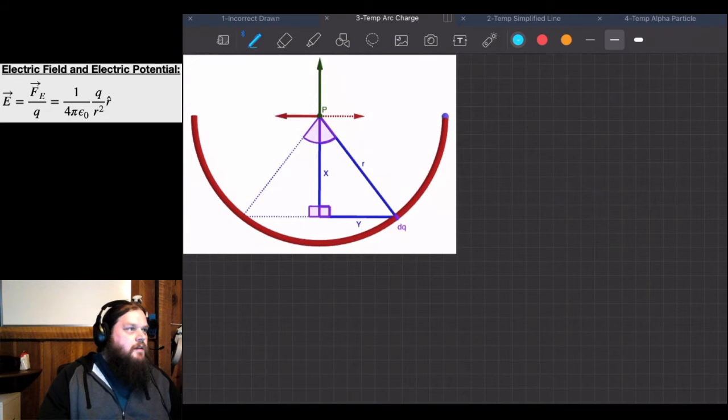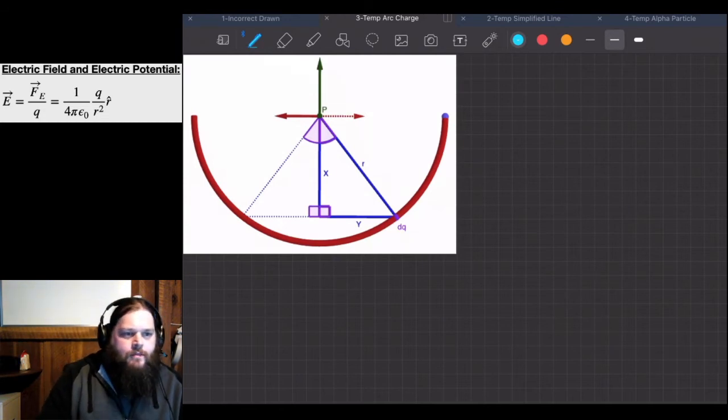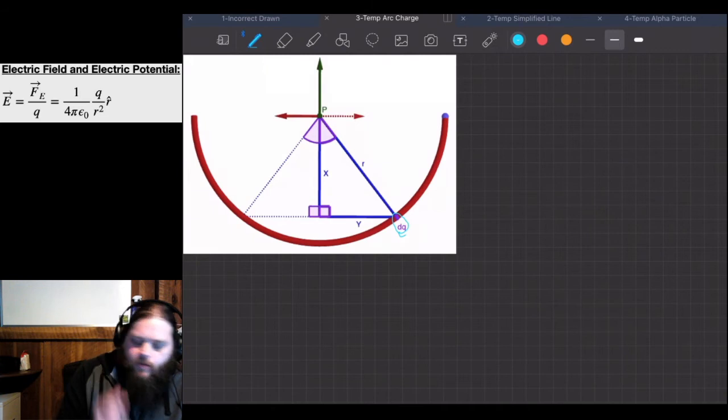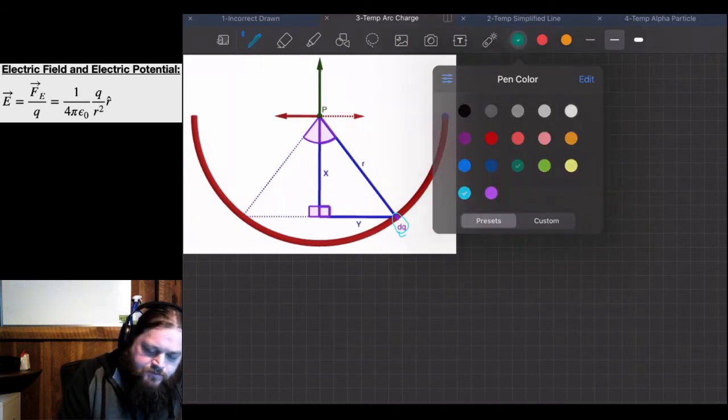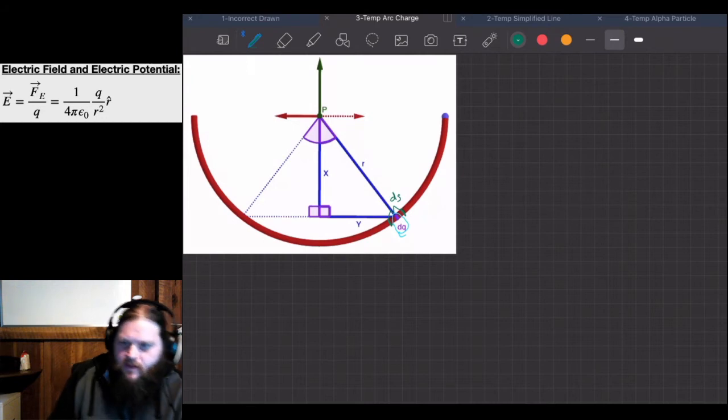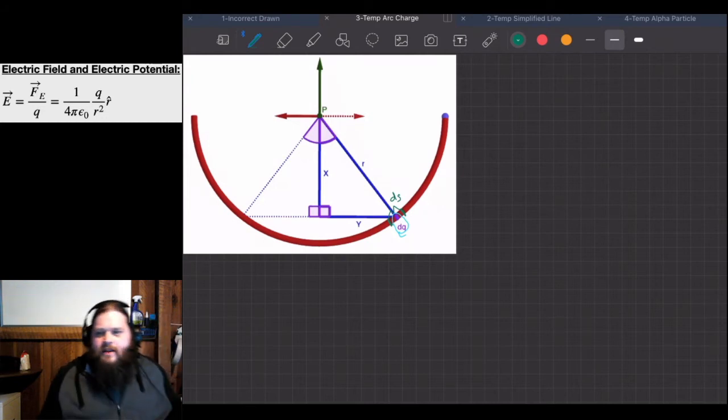Go back here. My window doesn't want to move. It moved. Good. So we can look at this, and when we see this dq, this is the charge just at that infinitesimally small point, is going to travel over some distance. And this really small distance, between a point right next to it and a point over here, I can call ds. And that ds is just the arc length of that infinitesimally small arc.